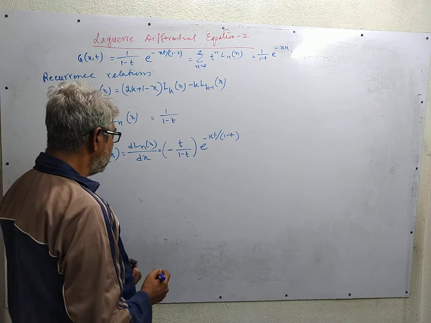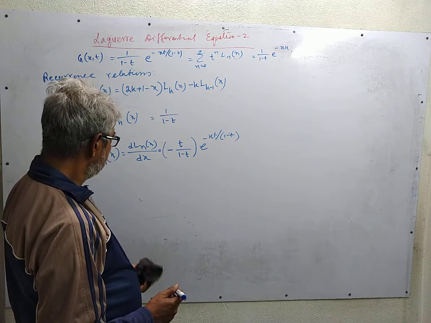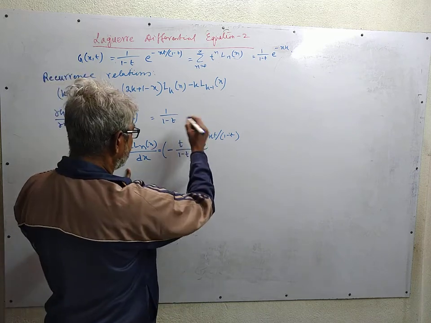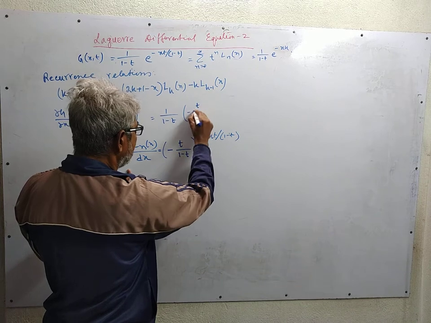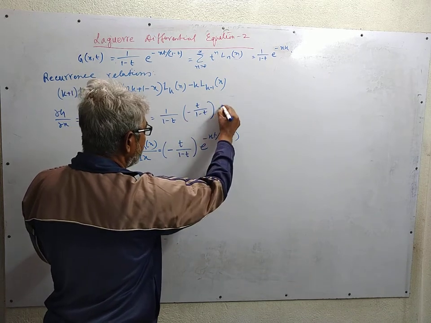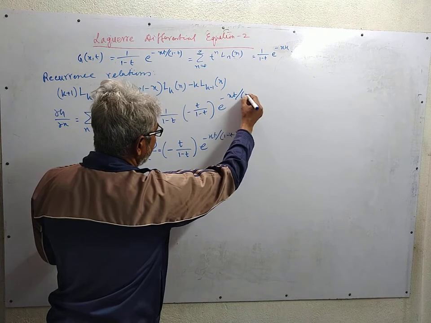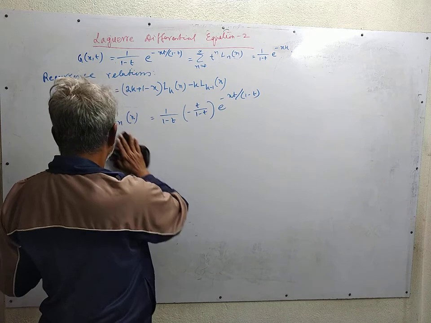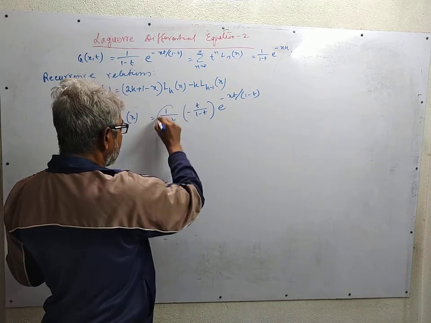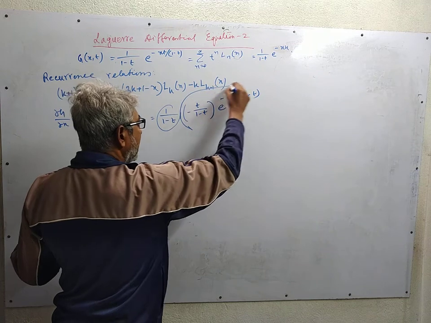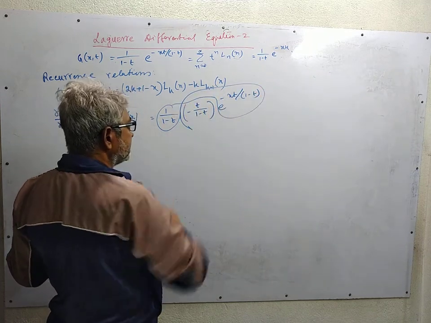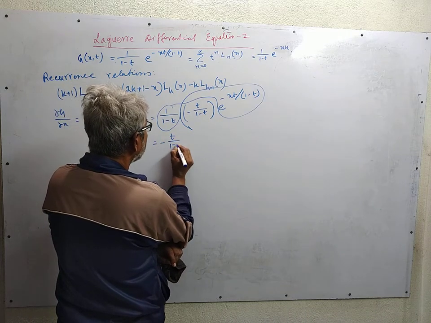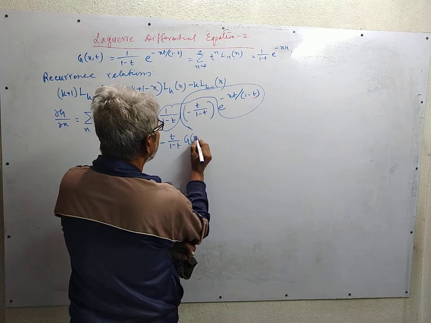Sorry, this part should be written over here: minus t over 1 minus t, e to the power minus xt by 1 minus t. Now, if we relate, this part together forms a generating function. So we can write it as minus t by 1 minus t g of x, t.